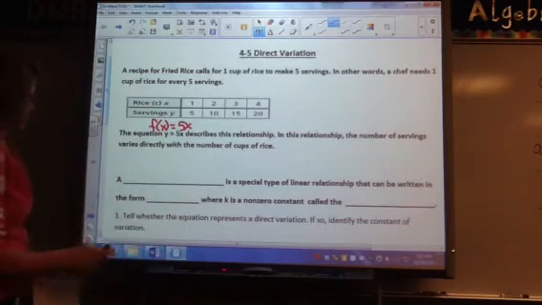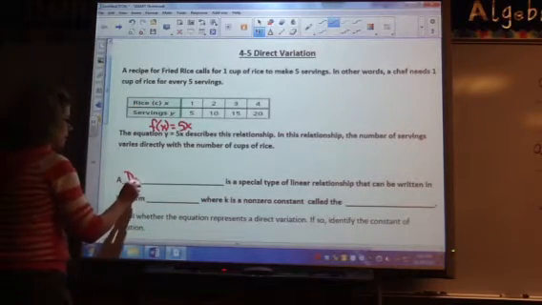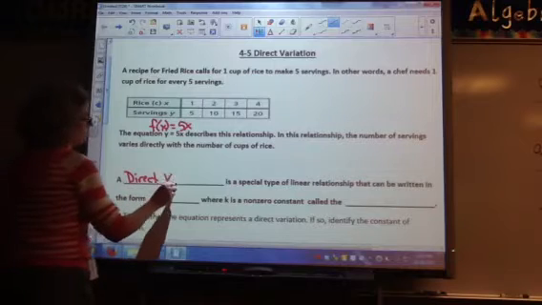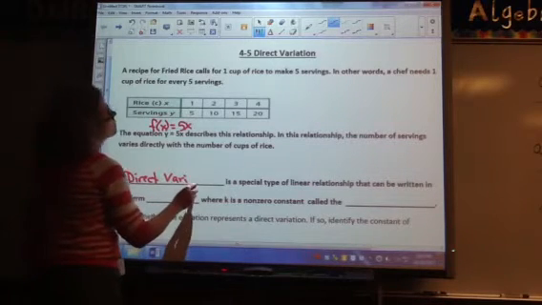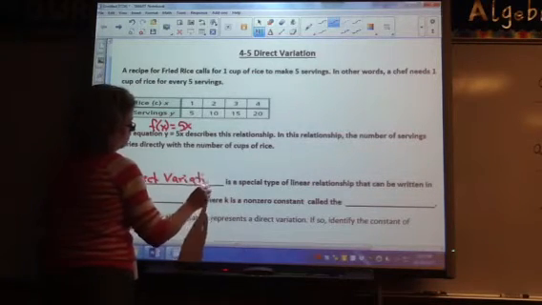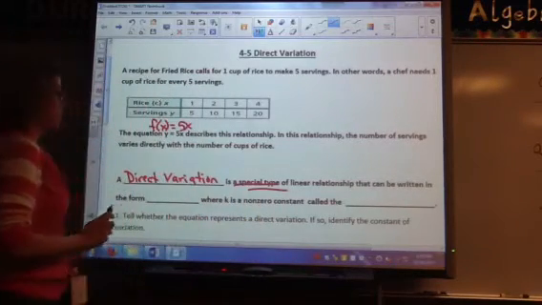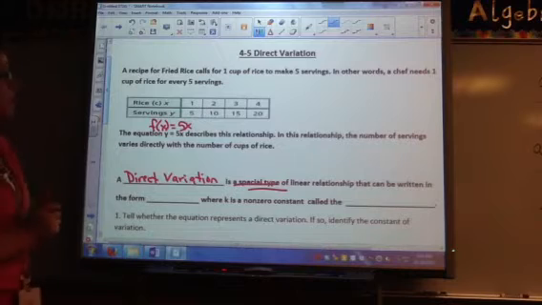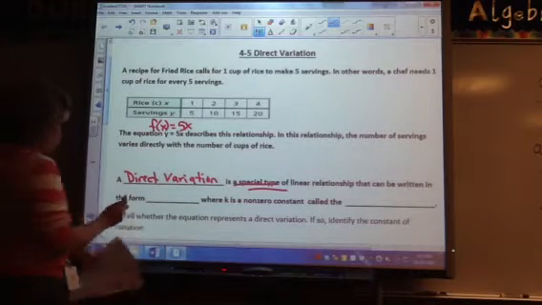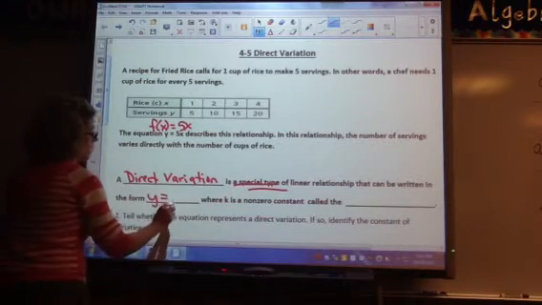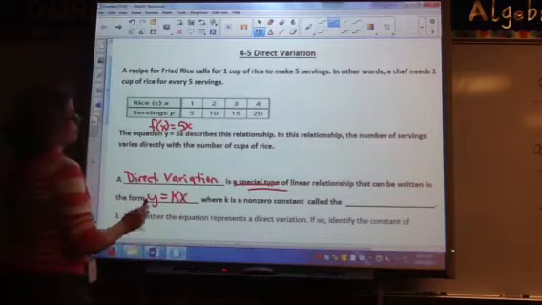Okay? So a direct variation is a special type of linear relationship that can be written in the form y equals kx.